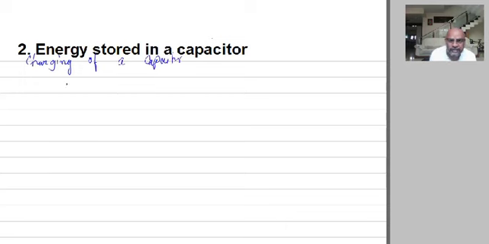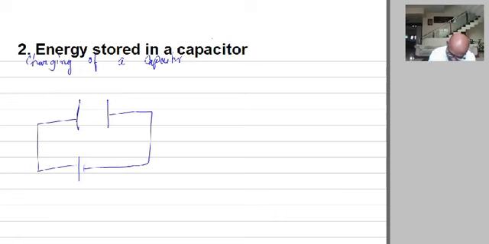Now consider a capacitor here, and you connect that capacitor to a battery. If you connect a capacitor to a battery, the capacitor gets charged.